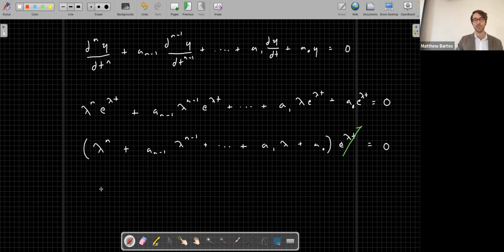And what we'll end up with is the following polynomial: lambda to the n plus a n minus 1 lambda to the n minus 1, plus dot dot dot, plus a1 lambda plus a naught is equal to 0. Okay, so we have a polynomial set equal to 0, right? How can we solve this equation?